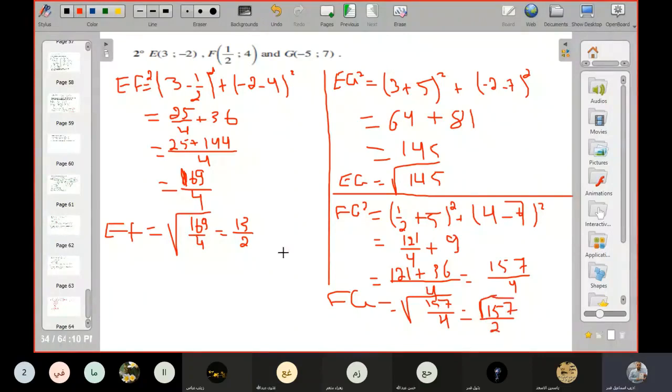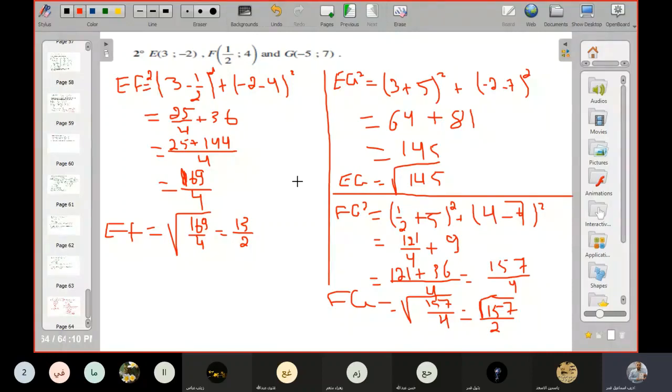Is there any kind of relation between these three sides? No, it's not apparent. I don't have two equal sides, and the sum of the squares of two sides is not equal to the square of the third side. So it's not isosceles, not right, not equilateral, not right isosceles.